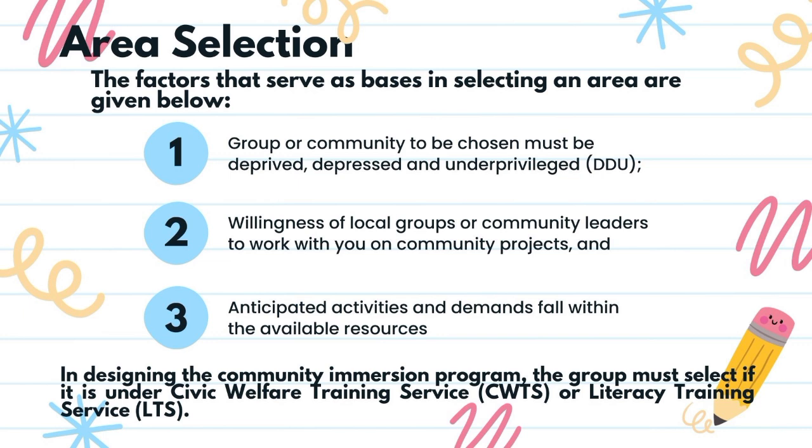This type is more on educating and improving learning in the community. So when planning your immersion program, pick a needy area where people are ready to work with you. Make sure the project is something your group can really do. Then choose if your program is for helping like CWTS or for teaching like LTS.